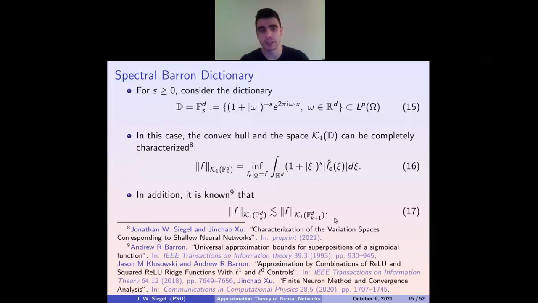It gives us a subspace of this K1 PKD, which can be characterized in terms of the Fourier transform. The amount of smoothness you need for this Fourier dictionary depends upon how much smoothness you have for these ReLU to the k. So for ReLU to the k, you need s to be at least k plus 1, and then it's going to be contained in this space. So the significance there is you can characterize some of these functions in terms of the Fourier transform.